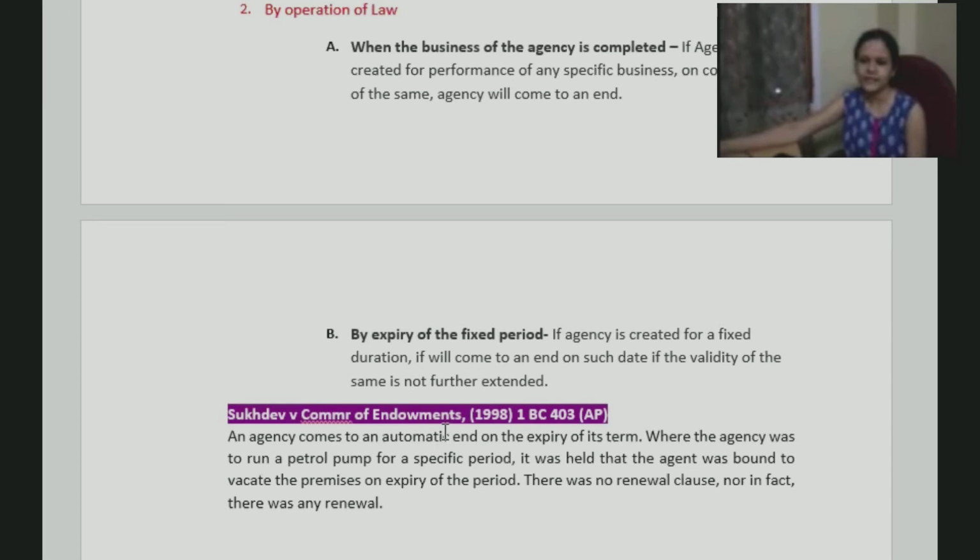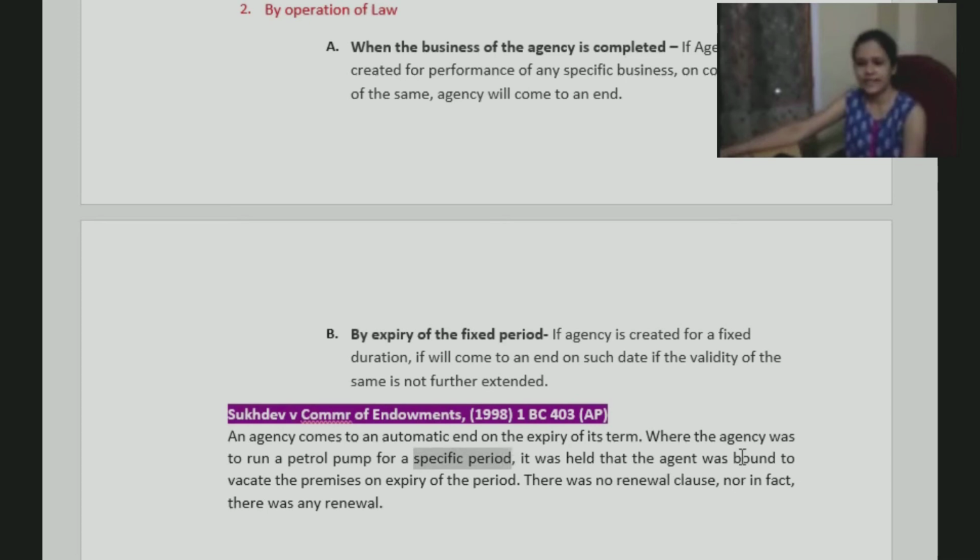There was one case with regard to this one, of expiry of fixed period. What happened here basically is that there was an agreement between two persons with regard to running a petrol pump for a specified period. So when they entered into this agency relationship, a time frame was specified during which this petrol pump business would be run by them.